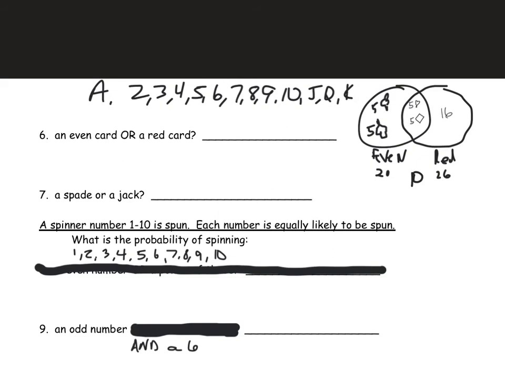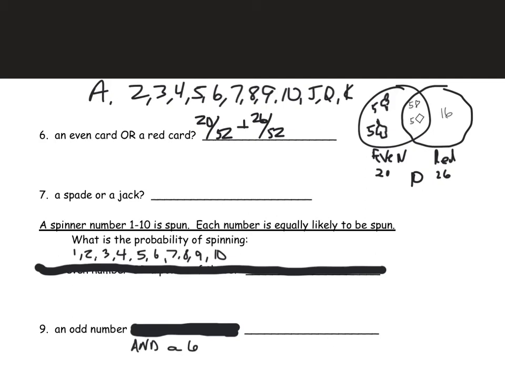So here's how I'm going to do this. Okay, how many even cards are there? Well, there are 20 out of 52 cards. Plus, how many red cards are there? There are 26 out of 52 cards. Now, how many of these cards were counted for twice?